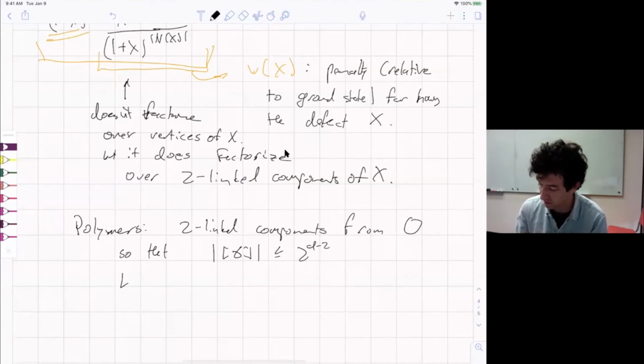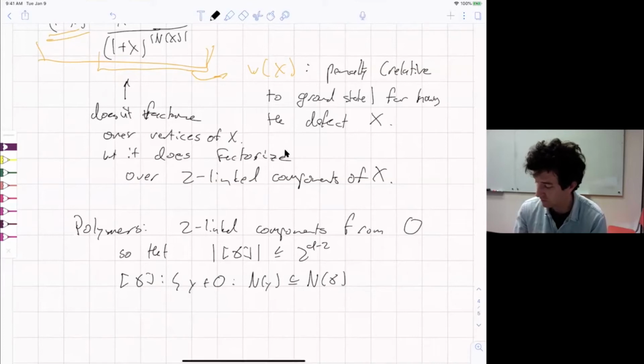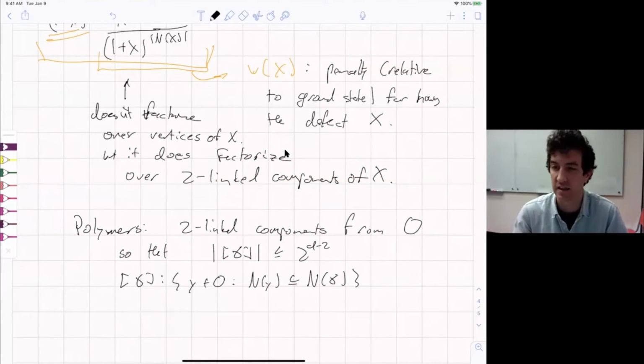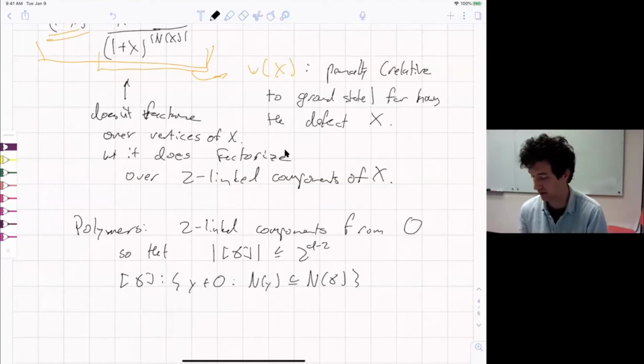The closure of gamma is the set of all y in odd such that the neighborhood of y is contained in the neighborhood of gamma. So any vertex that you can add to gamma without increasing the size of the neighborhood of gamma is part of this closure. But for now, this is not so important.